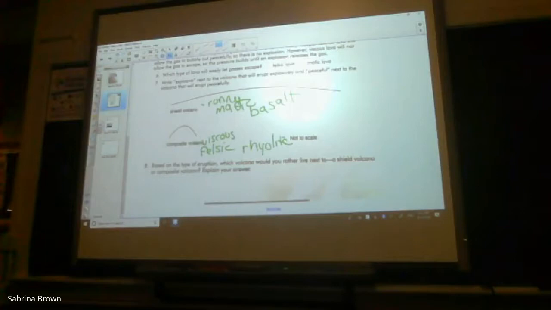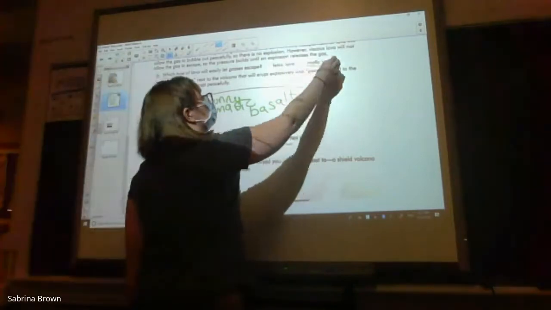So volcanoes can or will erupt explosively if gases cannot easily escape. Runnier lava lets gas bubbles out peacefully, so there's no explosion. So which lava lets out gases easily? The runny one, which is mafic.